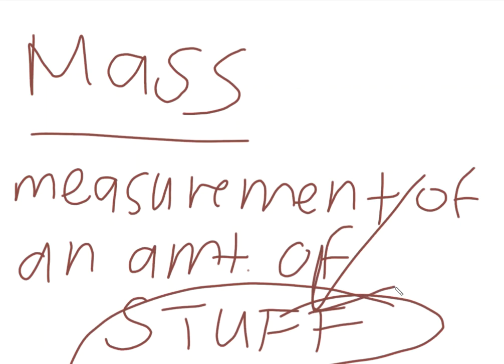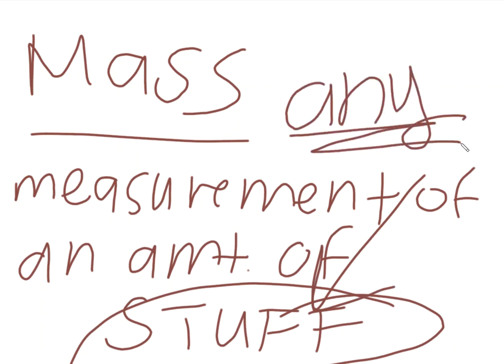Now, stuff can be anything. So, honestly, it can just be any number, because you're measuring stuff, and what mass is, is the amount of that stuff. It's your measurement. Okay.